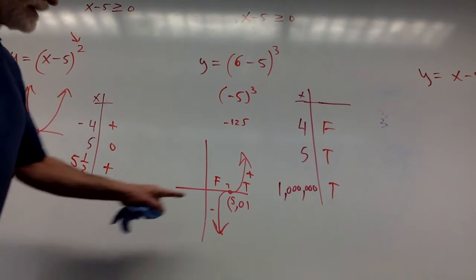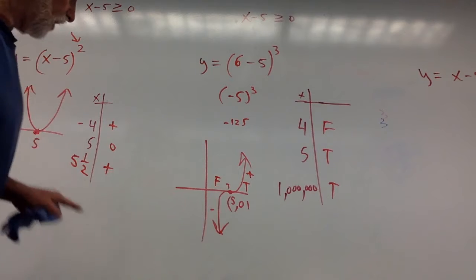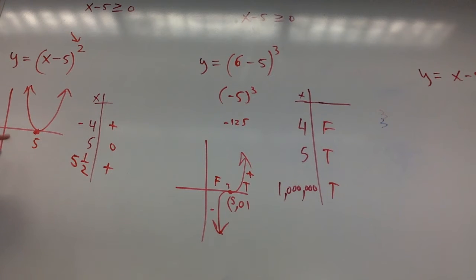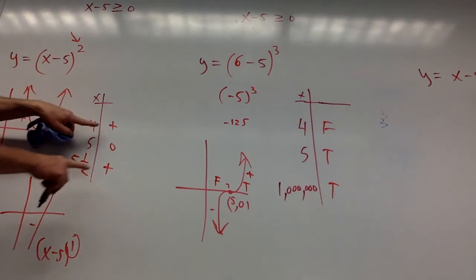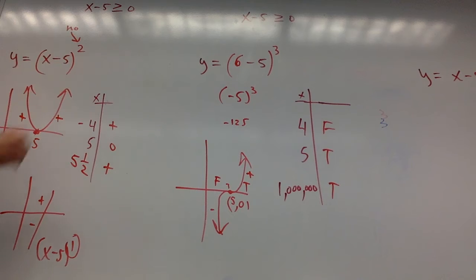So did we have a sign change? Over here in the quadratic, yeah, you can still see it. We went from positive to positive. No sign change. In the linear, x minus 5 to the 1, sign change. When we did it to the 2, no sign change.